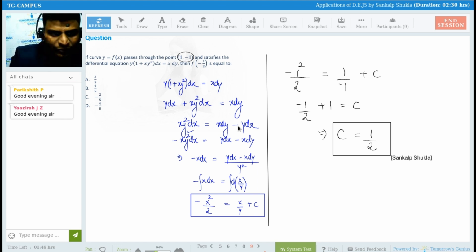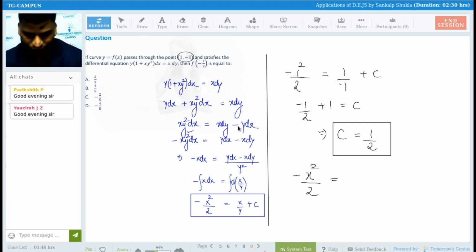When you get the value of c as 1 by 2, your entire function will be minus x square by 2. Yes, so it is minus x square by 2. Where were we?